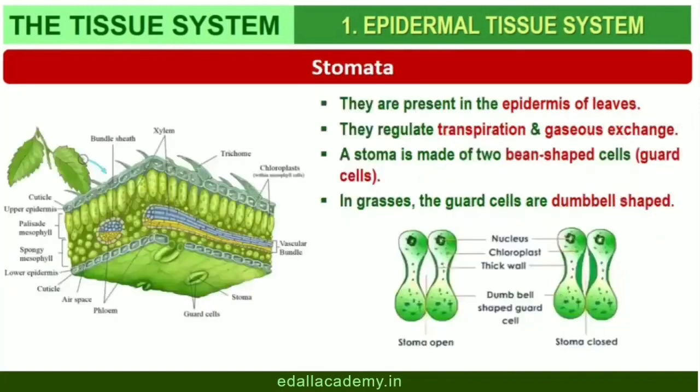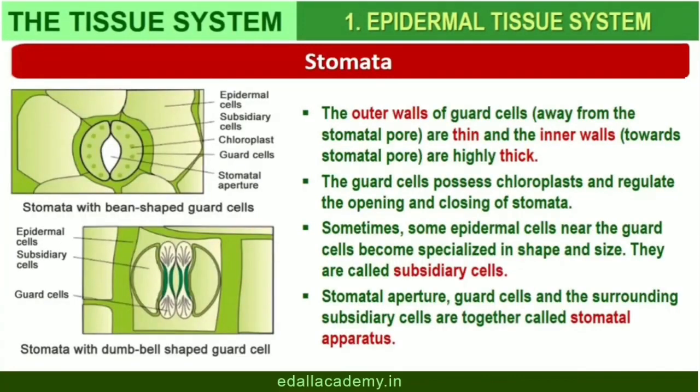Stomata are structures present in the epidermis of leaves. Stomata regulate the process of transpiration and gaseous exchange. Each stoma is composed of two bean-shaped cells known as guard cells which enclose the stomatal pore. In grasses, the guard cells are dumbbell-shaped. The outer walls of guard cells, away from the stomatal pore, are thin, and the inner walls, towards the stomatal pore, are highly thickened.